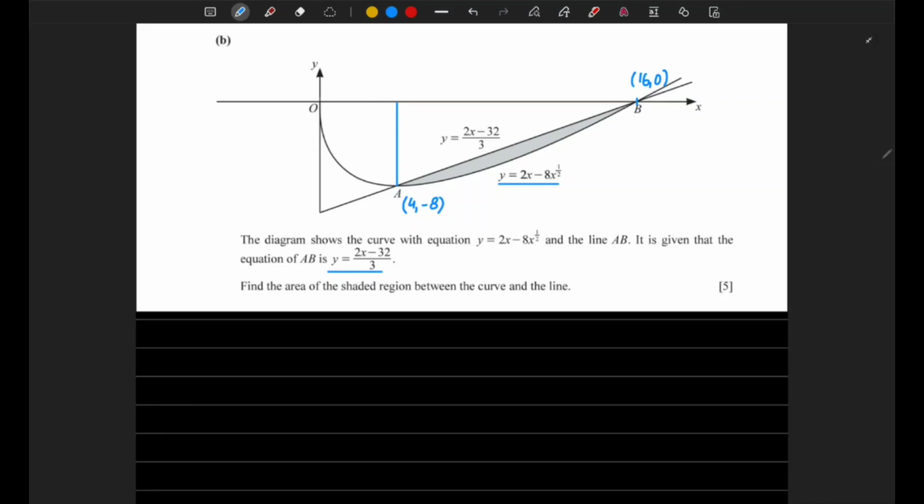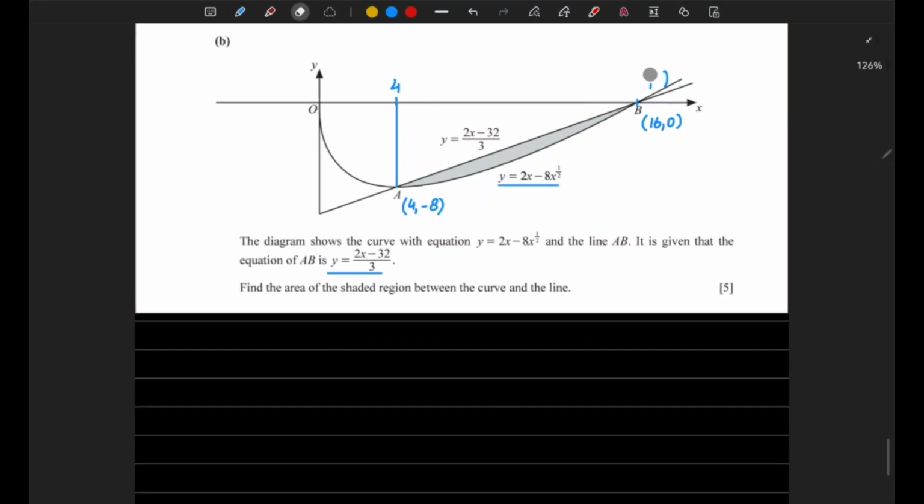So this is your 4 value, and let's write down the x values of A and B here, so 4 and 16. Why do we find these? Because we need these as the limits to integrate our two curves.